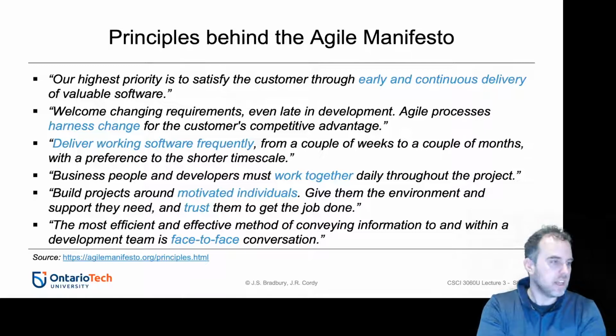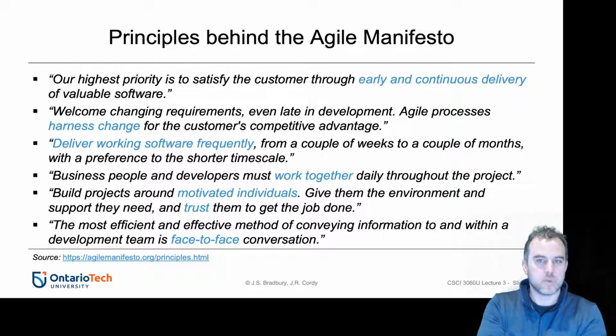So if the environment changes, if the market changes, they wanted a development process that could quickly adapt to those changing requirements and not set the customers back. They wanted their development being open to change to be a competitive advantage.